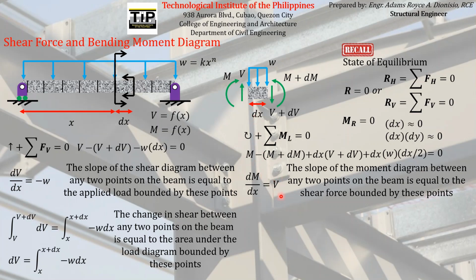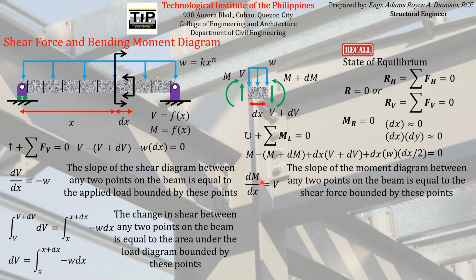So if we look at the corresponding shear force acting on this point and this point, the magnitude of that particular shear force is just equal to the slope of the moment diagram. So that's another relationship between load diagram, shear force diagram, and bending moment diagram. Actually, the relationship is only between shear force and bending moment diagram.